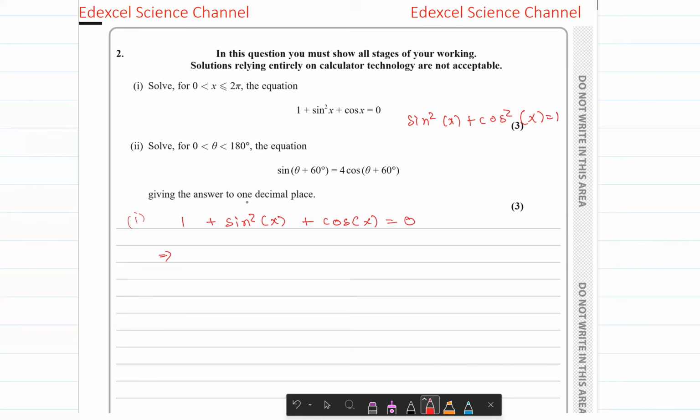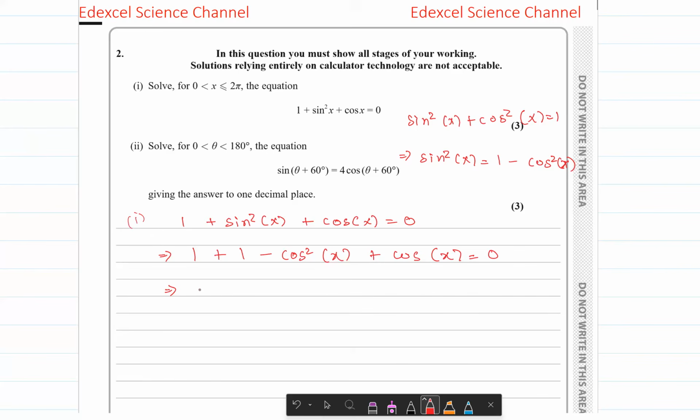From here, I'm going to make sin²x the subject, so sin²x equals 1 minus cos²x. Then I can just substitute this over here. So 1 plus 1 minus cos²x plus cos x equals 0.